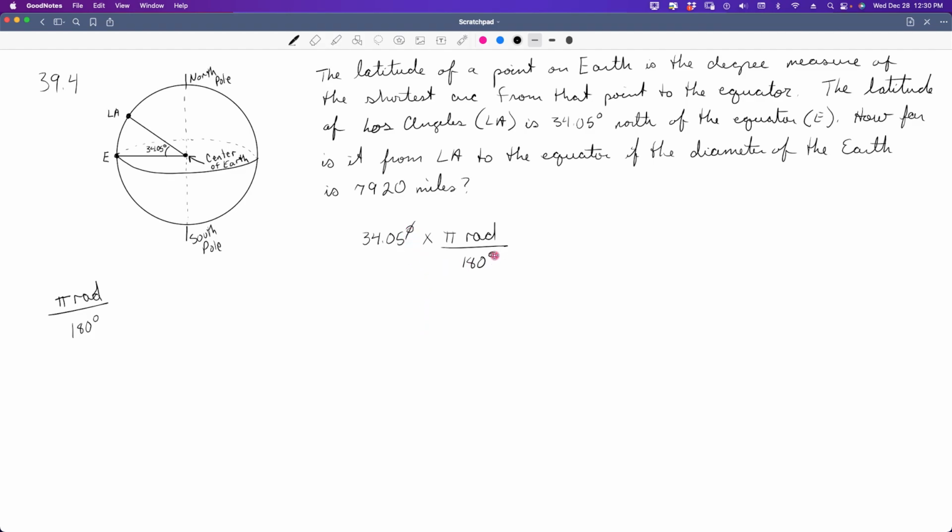So the degrees would cancel each other out, right? So we would get 0.594 radians. So that's what we had to do, was convert 34.05 into radians. So when we multiply 34.05 by pi over 180, we get the radians of 0.594.